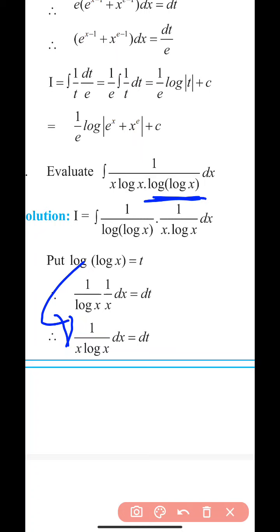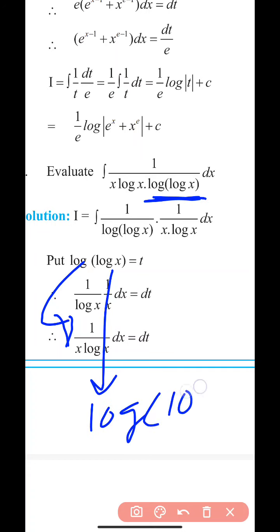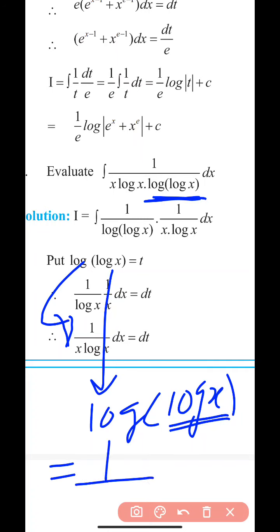Remember the chain rule? So chain rule says that log of log x is there. So this you have to consider as a function, and you have to treat it as x.